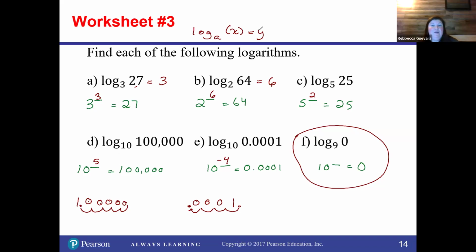So what we have here is that log base a of x equals y only happens as long as my x values, as we specified before, are greater than 0. So I can't find an exponent that I can put on 9 that is going to result in a 0. This cannot happen. It's essentially undefined.